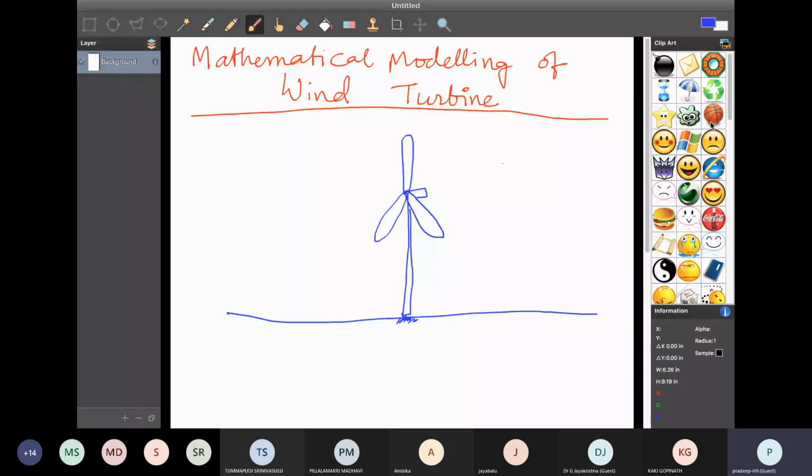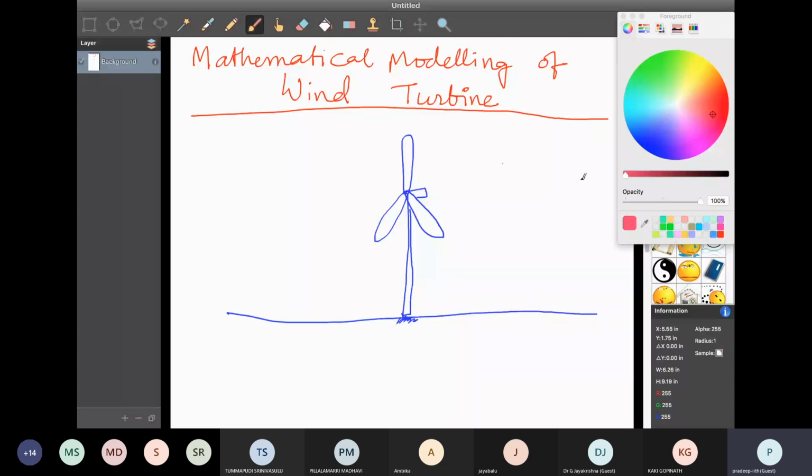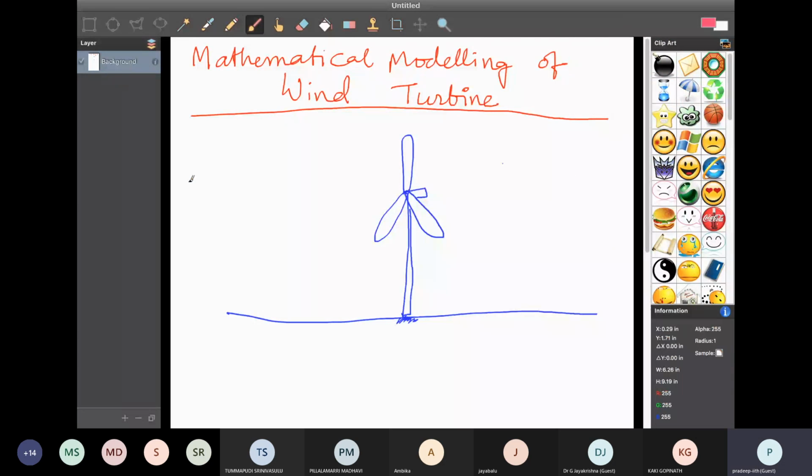Now, some of the things that you should note here. Let's say what it does. It converts the kinetic energy. So kinetic energy 1 is transferred to the blades, the blades rotate, the machine rotates, and finally the output will come in the form of electrical energy, or let's call it mechanical power.